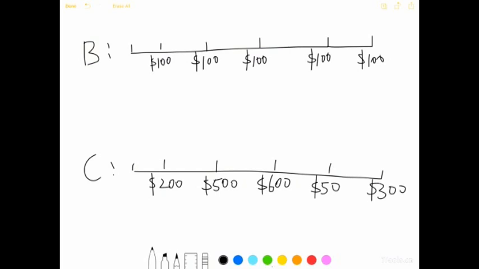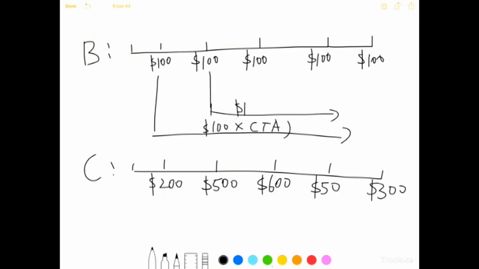So right, let's look at scenario B, shall we? So for the $100, I'm going to do the exact same thing as what I did for scenario C. Use $100 times table A factor, which is exactly what I did, right?